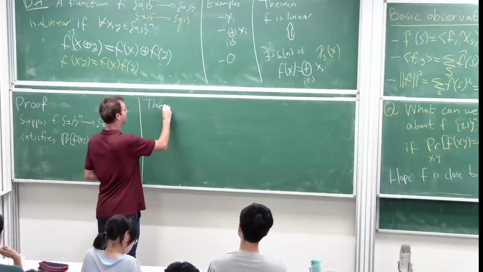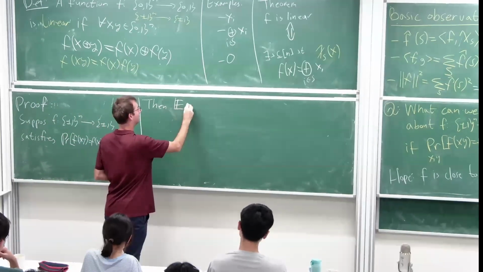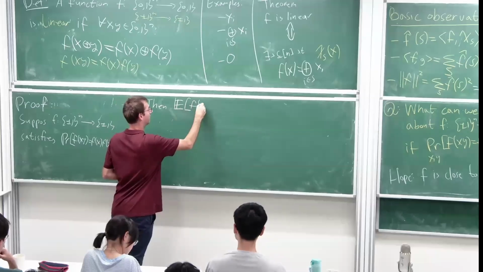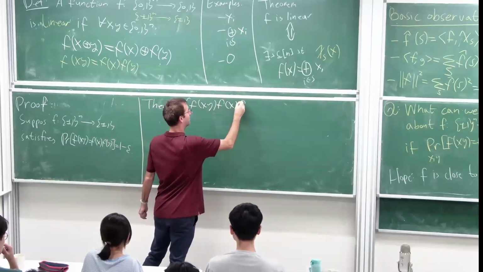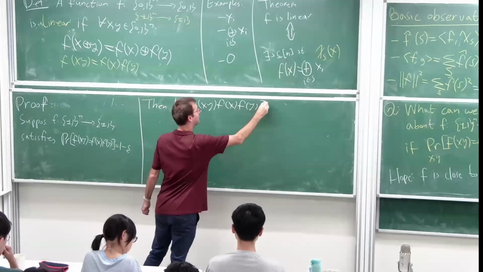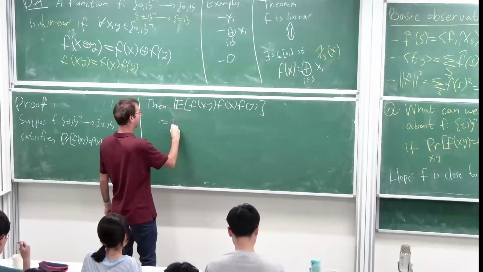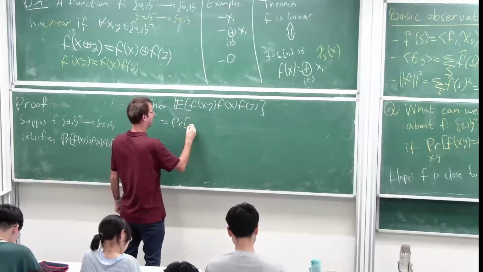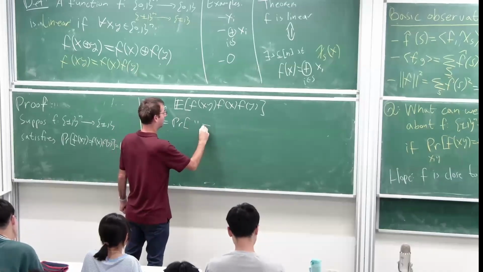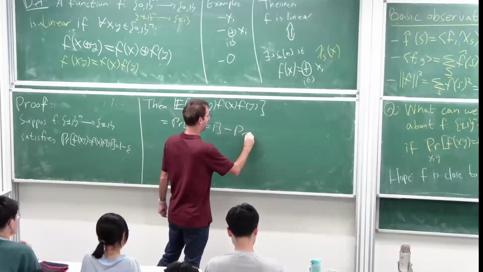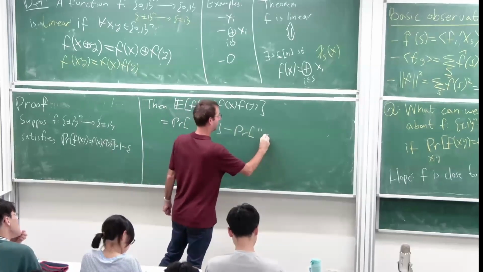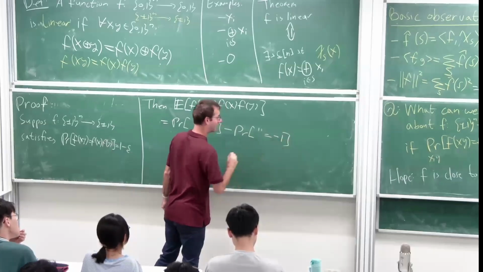Then the expectation of f of xy times f of x times f of y is the probability that this mess is equal to 1 minus the probability that it is equal to minus 1.